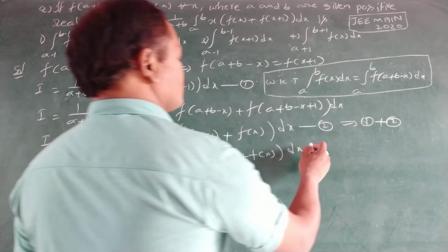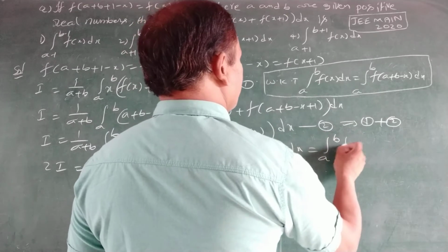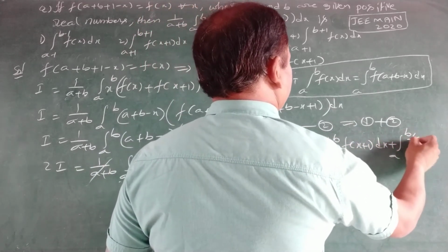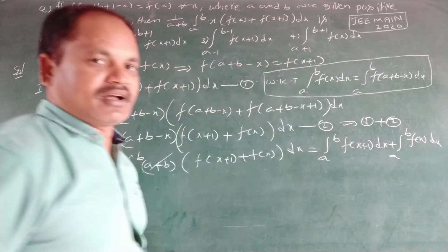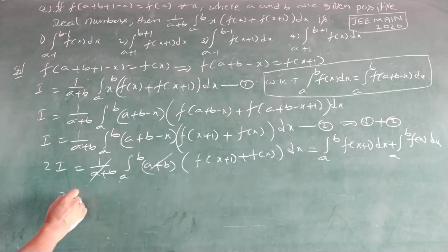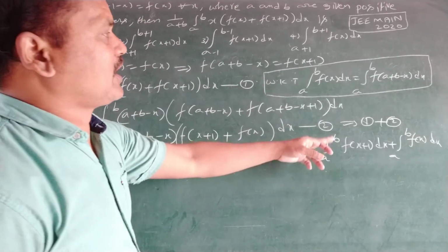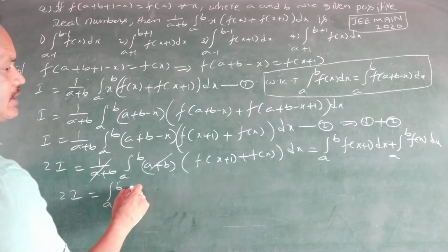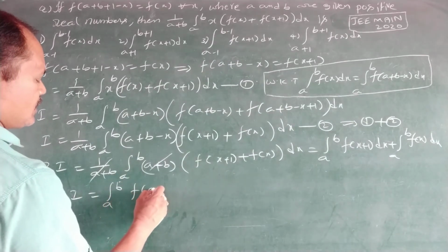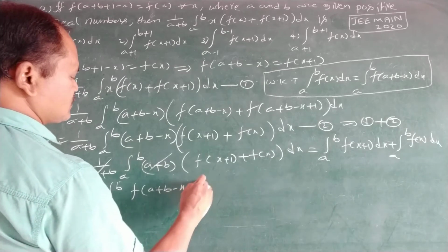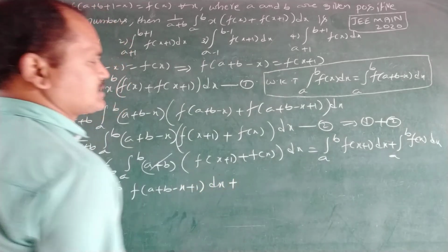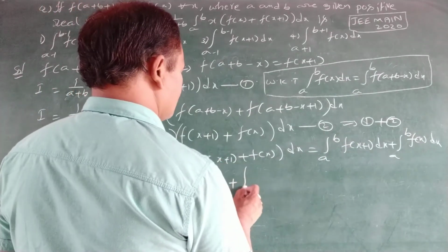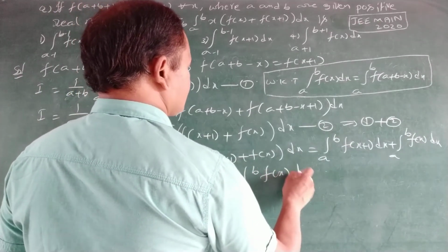This splits into two parts: integral from a to b of f(x + 1) dx plus integral from a to b of f(x) dx. Are you clear? Now, according to this formula, it can be written again as integral from a to b of f(a + b - x + 1) dx plus integral from a to b of f(x) dx.